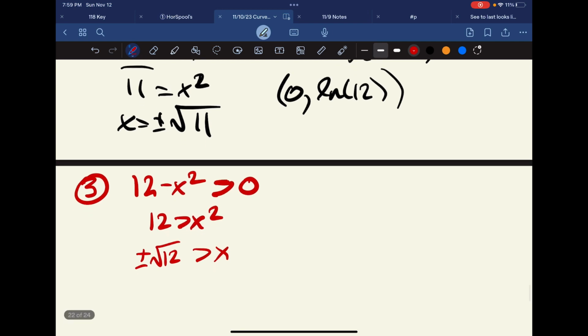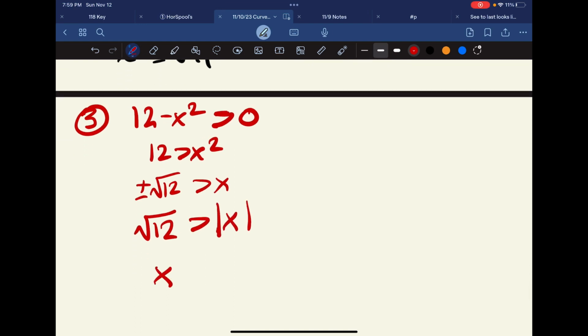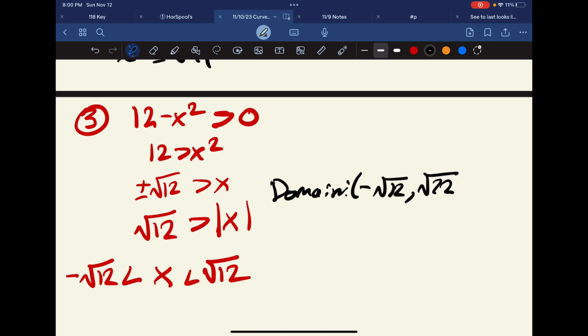So what this means is that square root 12 has to be greater than the absolute value of x, which means that x has to be between negative square root 12 and square root 12. So the domain of our function is going to be negative square root 12 to square root 12.